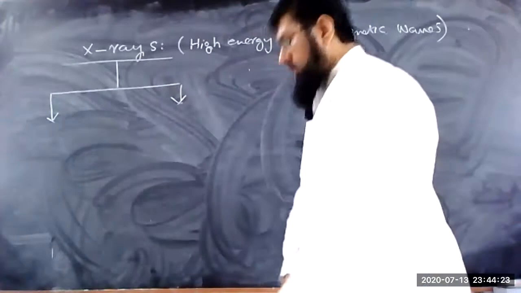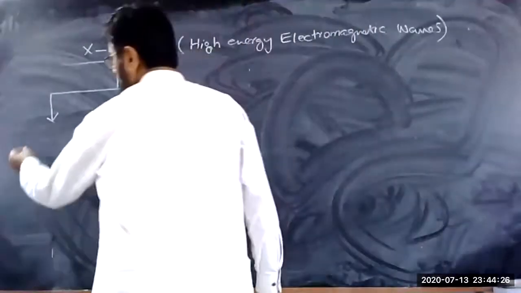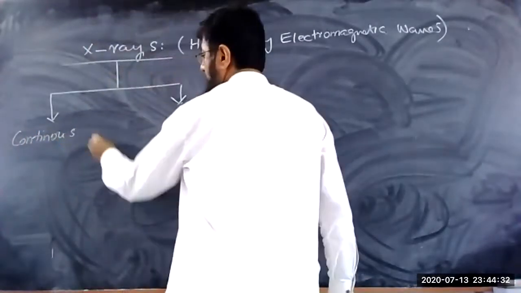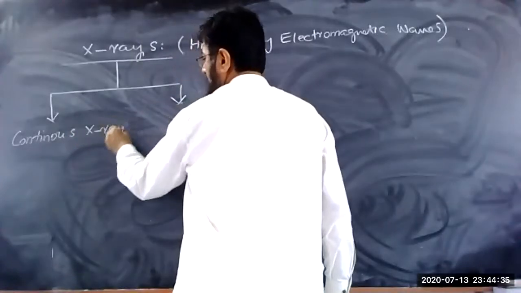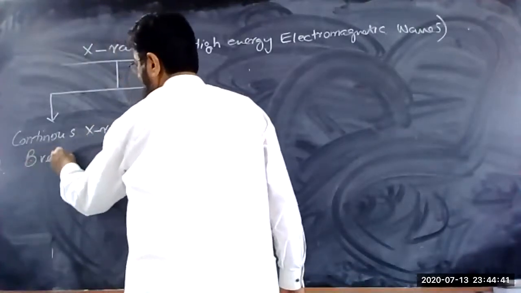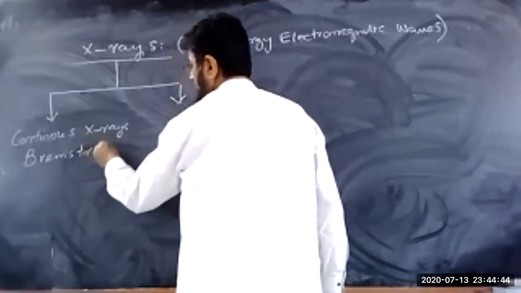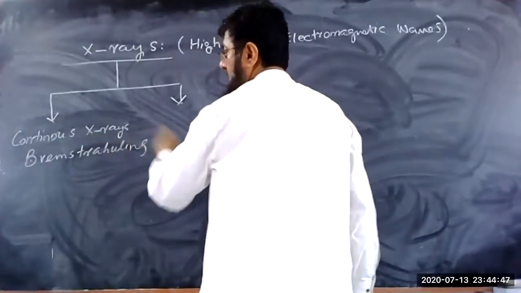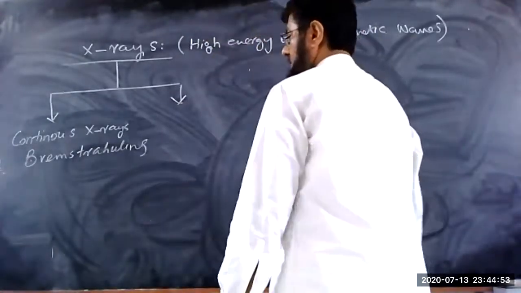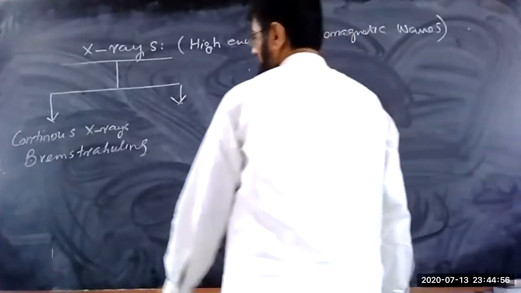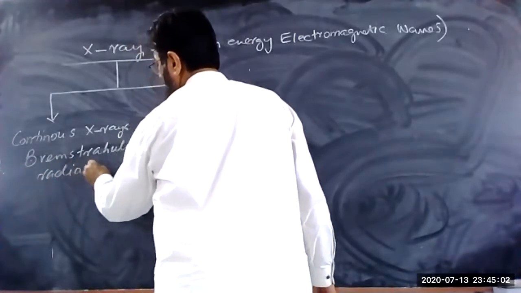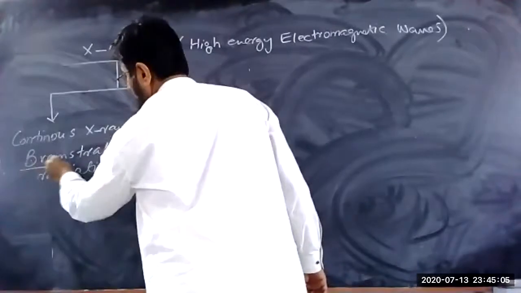Number one, which we call continuous X-rays, or we call it Bremsstrahlung radiations. This Bremsstrahlung radiation is sometimes called braking radiations.